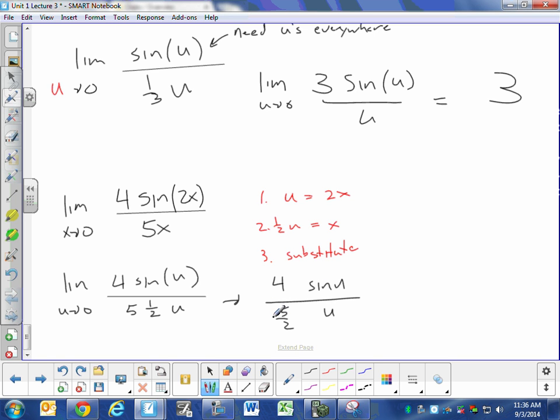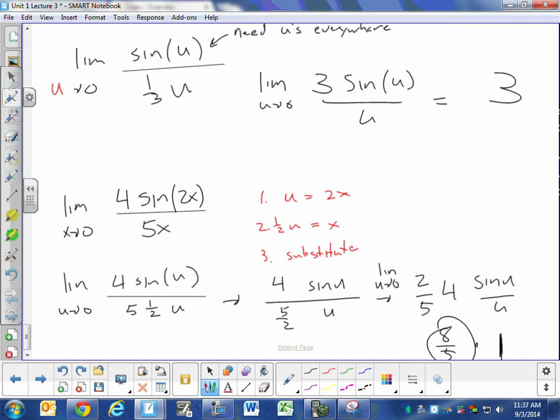I can multiply this by the reciprocal, giving me 2/5 times 4. I could separate stuff out, times sine u over u. I'm trying to find the limit as u approaches 0. I know this is 1. This would be 2/5 times 4, which is 8/5. And this is your answer.